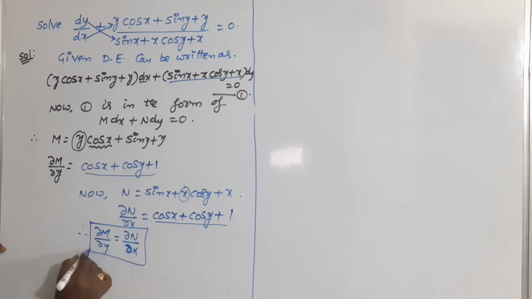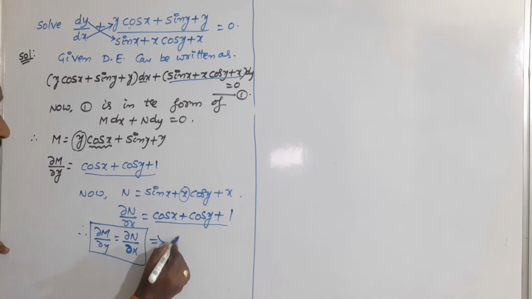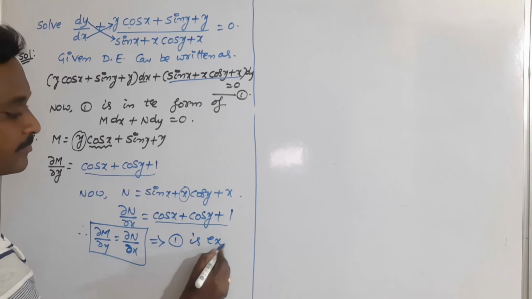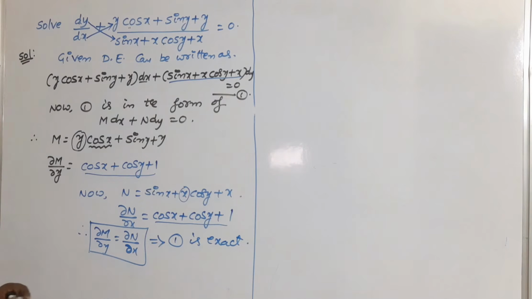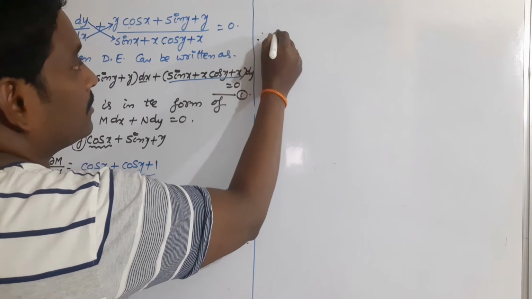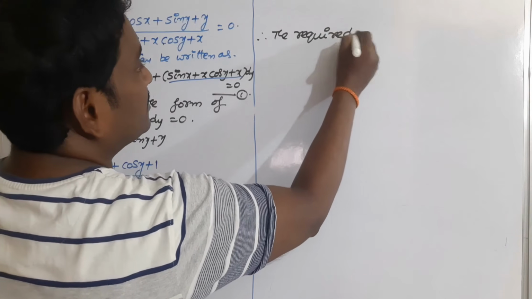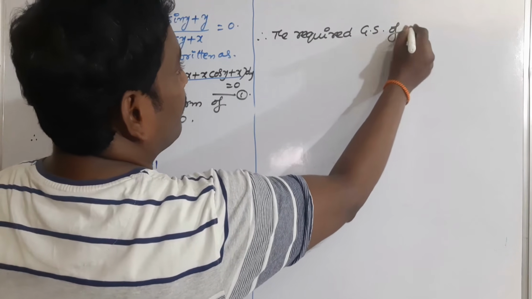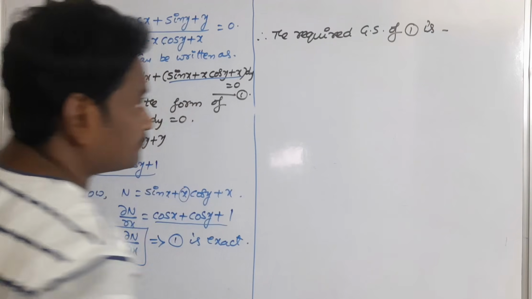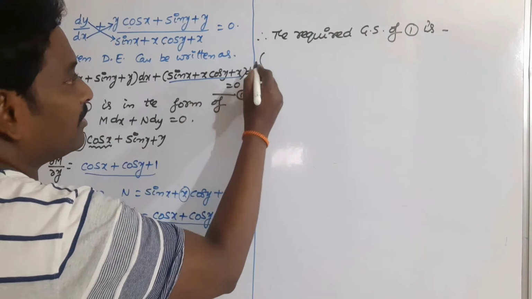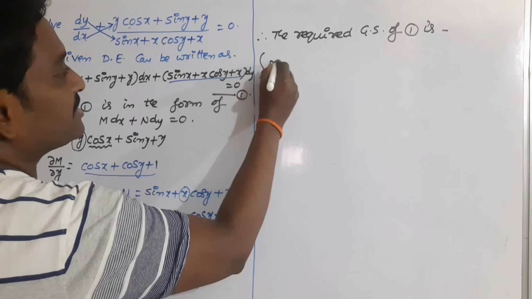So knowledge of partial differentiation in the concept of exact equations is very important. The given equation 1 is exact. So whenever we find the given differential equation is exact, immediately we can write the general solution. Therefore the required general solution of 1 is, what is the formula for the general solution of an exact equation?